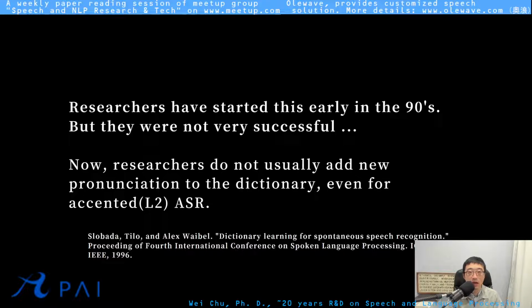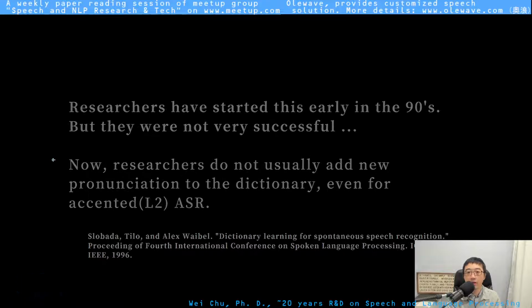You can also say absolutely or absolutely. These are variations, but adding these variations into the dictionary seems to not help the acoustic modeling, which means there is something wrong, but nobody really looked into this, and I got really interested in this.